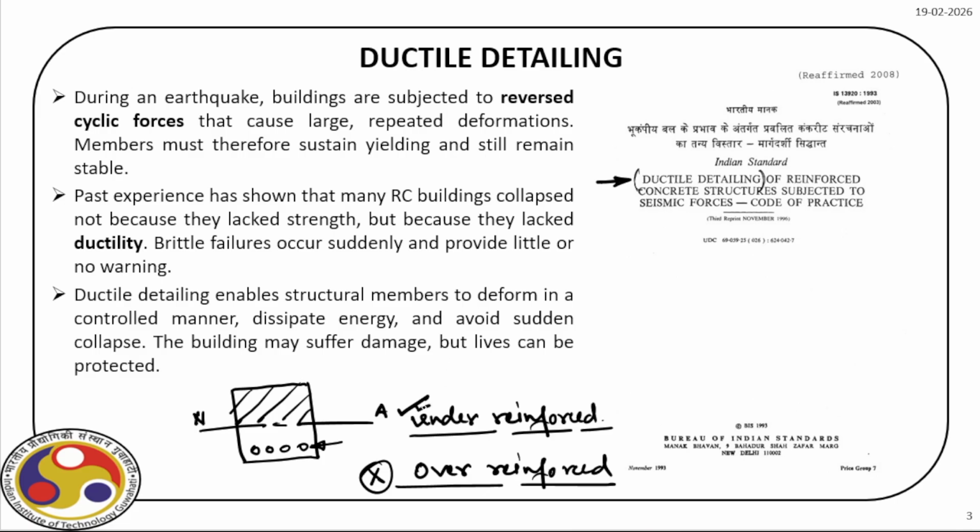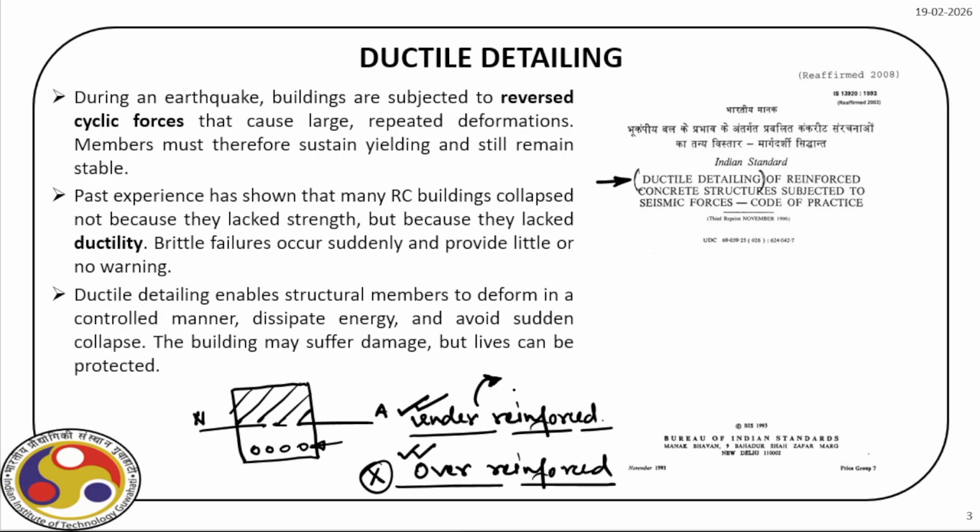Our point of view now is under reinforced section, and the reason we recommended it is that in this design concept, we have some time before the RCC section collapses. And when we go for the over reinforced section, because concrete fails and it is not good in tension, it experiences a brittle failure, and that doesn't give much time to the user to take some action before failure can occur.